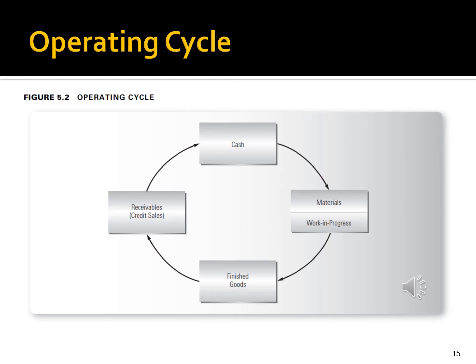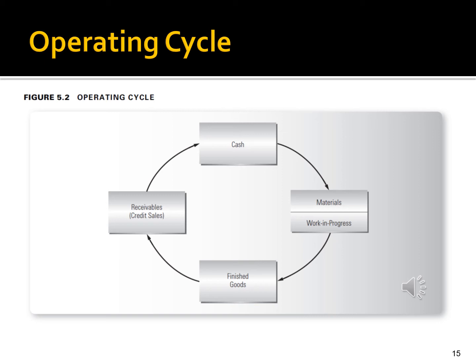This is the operating cycle of the business venture. First, starting from the cash that they have kept, which they receive maybe from capital or payables. From the cash, they can buy materials, and the materials will be used for work in progress for the operations, and then finished goods.